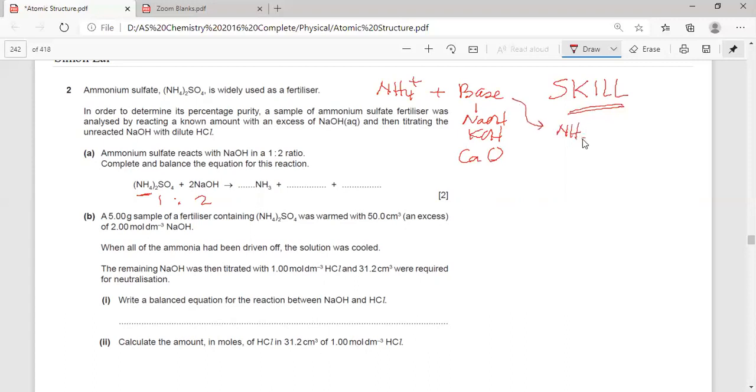So the ammonia is given out, and the remaining salt is sodium sulfate, plus water, H2O. To balance it, there is one N here and 2 N on the other side, so put 2. Sodium 2, sulfate here. For the water, you have 4 hydrogens, so 2 H2O. Now this is done.